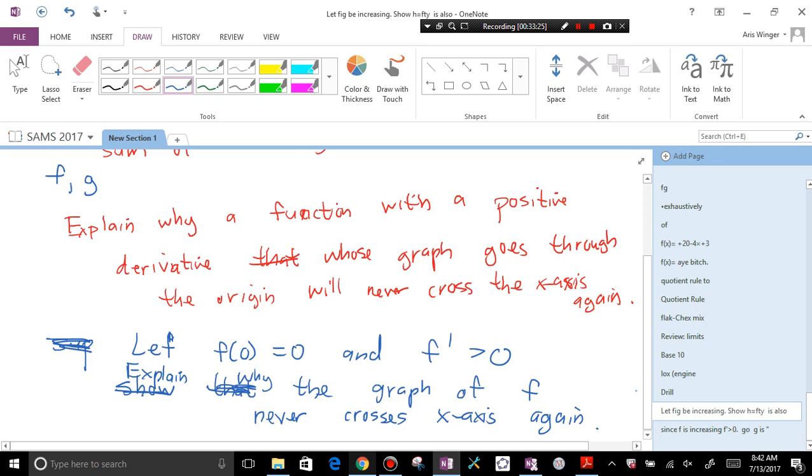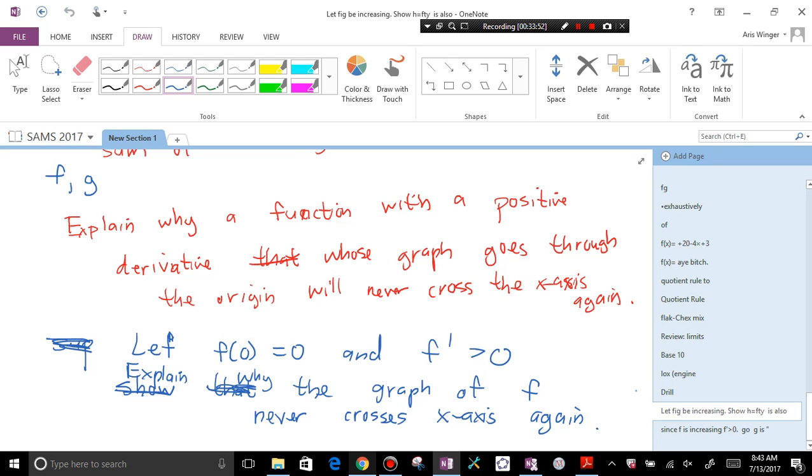This is probably more paragraph form than mathy. How would you explain that?